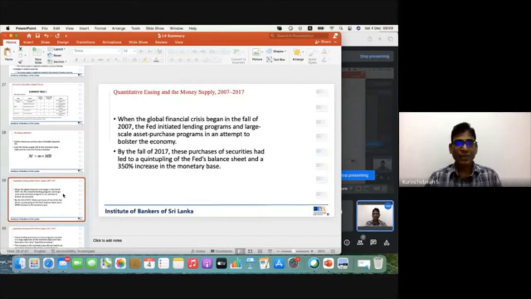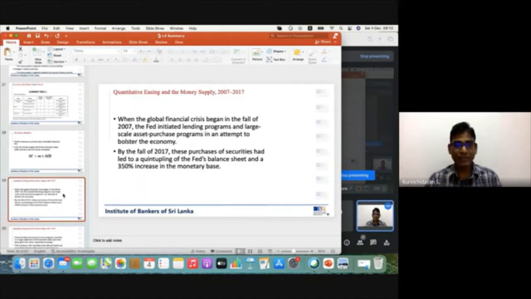Now you could see this, 2007 to 17. When the global financial crisis began in the fall of 2007, the Fed initiated lending programs and a large-scale asset purchase program in an attempt to bolster the economy.